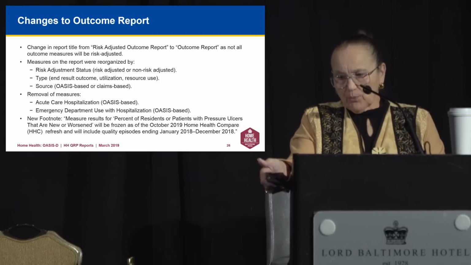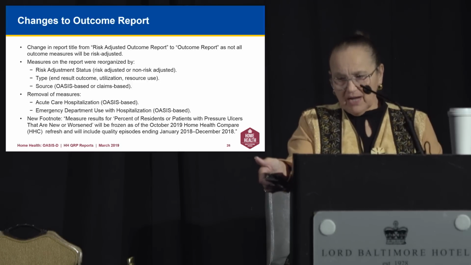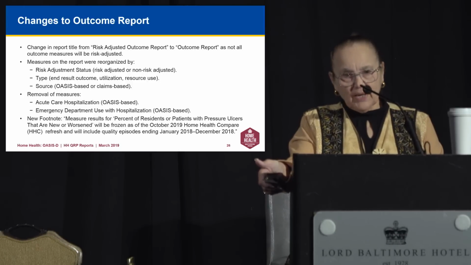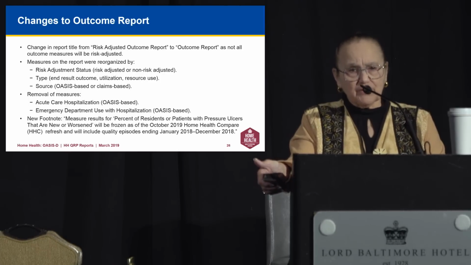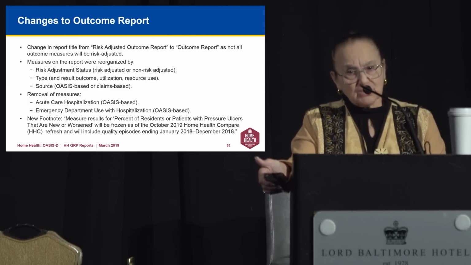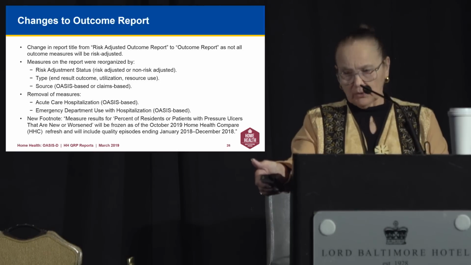The measures that were removed are the acute care hospitalization, which is an Oasis-based item, and the emergency department use with hospitalization, again, an Oasis-based item. There's a new footnote that's been added, and you really should take a look at those footnotes because they're going to help you to understand the data that you're looking at.